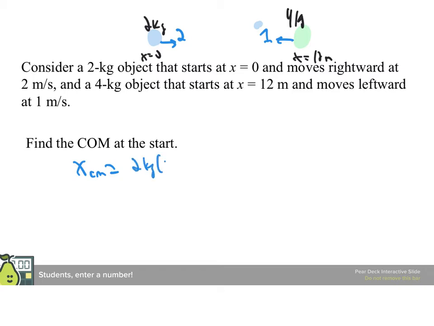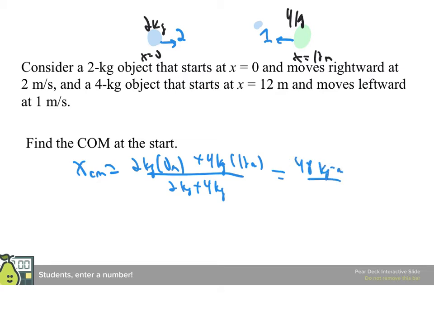2 kilograms times 0 meters plus 4 kilograms times 12 meters, all over 2 kilograms plus 4 kilograms, which is 48 kilogram meters over 6 kilograms, or a position of 8.